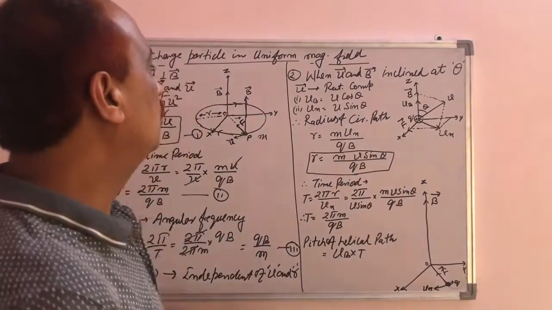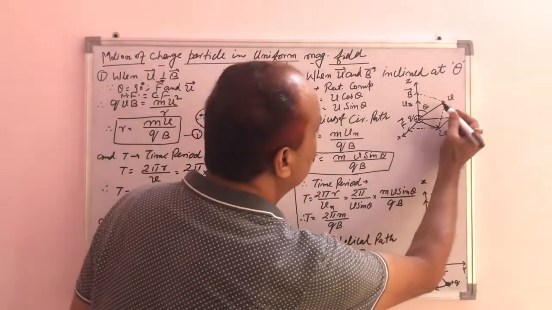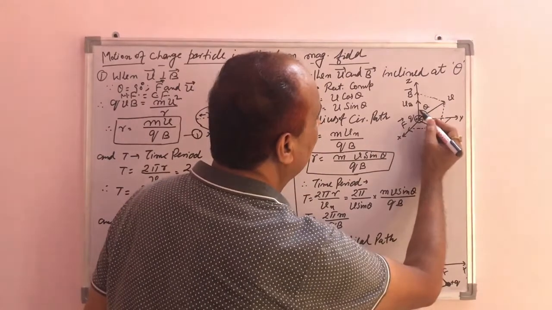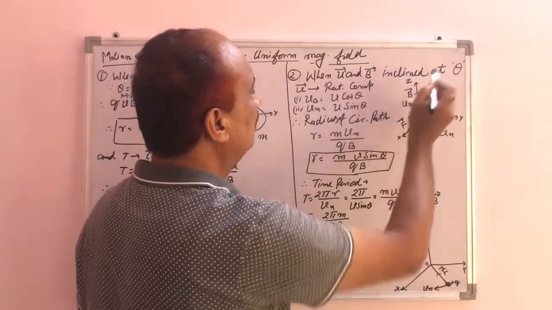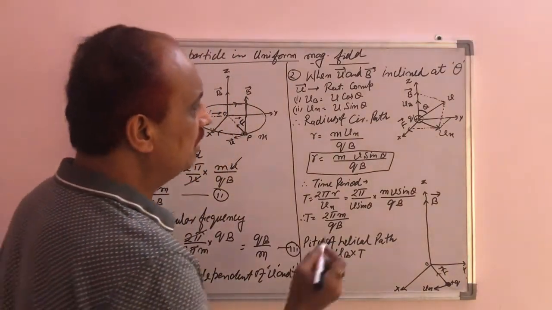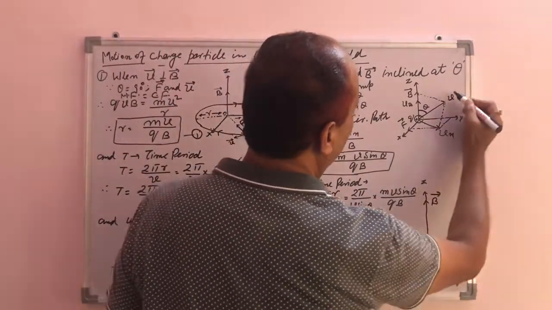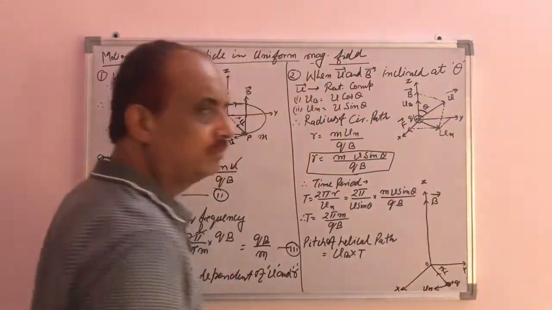Now in case number 2, the velocity makes an angle theta with the magnetic field. When V and B are inclined at angle theta, we have to write the rectangular components of the velocity.